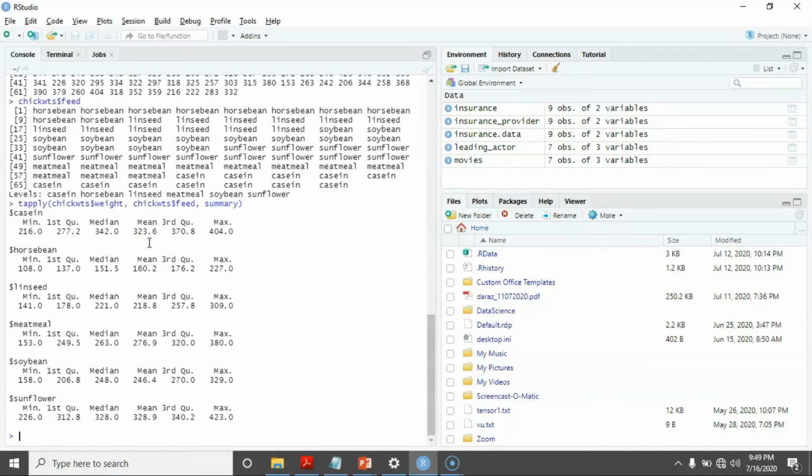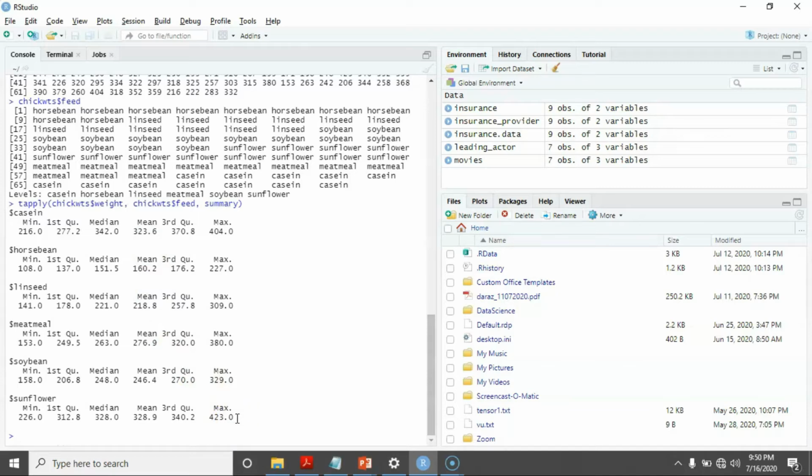So there is a tough competition between these two feeds, or you can say these two feeds are very close to each other. You can feed either one of them to have chickens with good weight. If you want to produce chicken with good weights, then you can feed casein and sunflower. But again, if you have to decide on one, then definitely sunflower is better than casein.